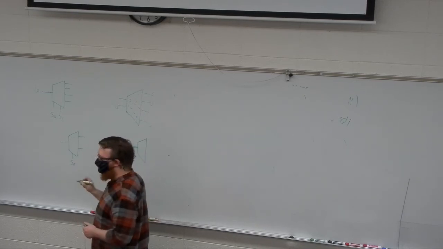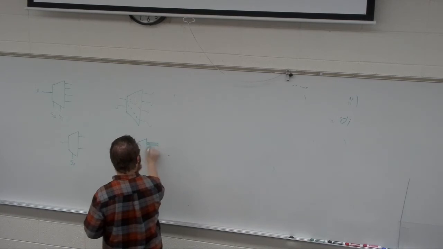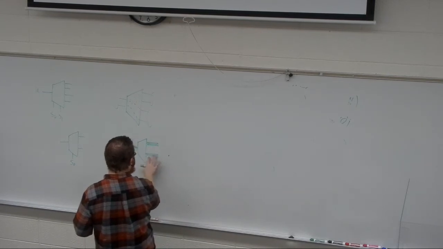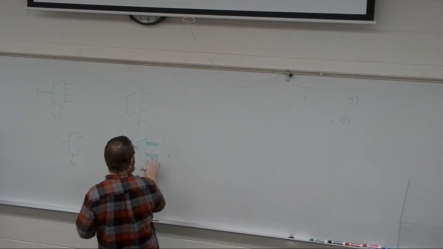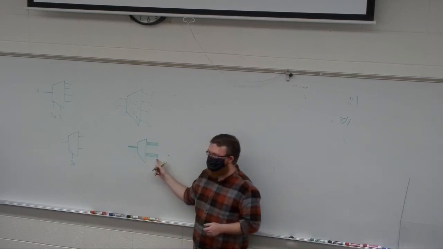Hand drawing, that doesn't work as well, but I will attempt it. Oops, that was really fat. Okay. If I draw that, this looks like a 1 to 2, right?